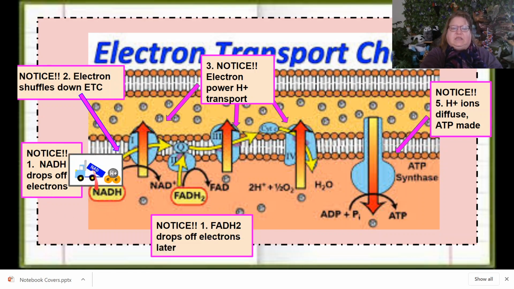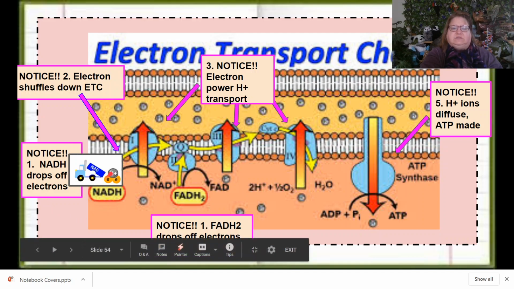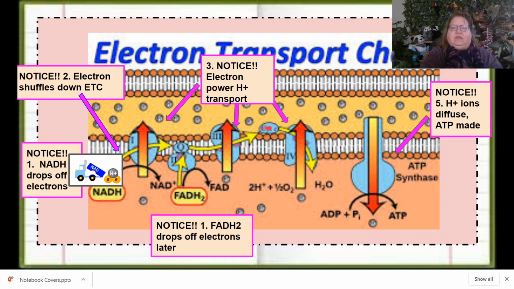So let's go through our step-by-step. So notice NADH drops off electrons. And notice the yellow arrow would be the electron pathway. And so here's NADH dropping off its electrons, and follow my red dot. The electron's going to be passed from molecule to molecule until it gets to the end, and that's where oxygen comes and picks it up.